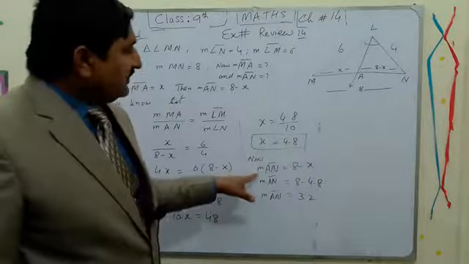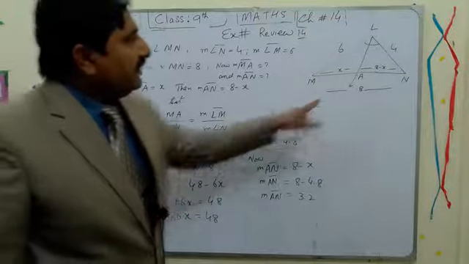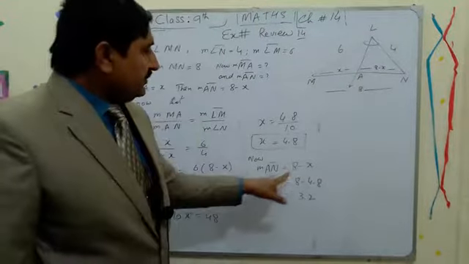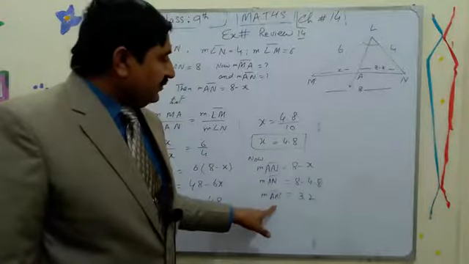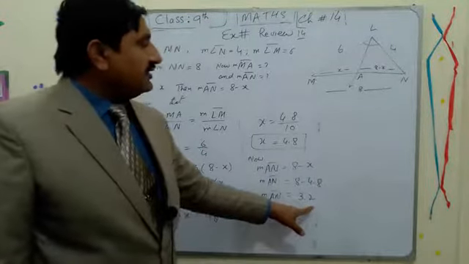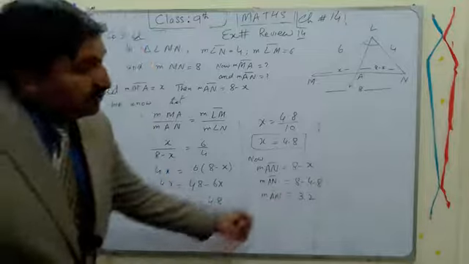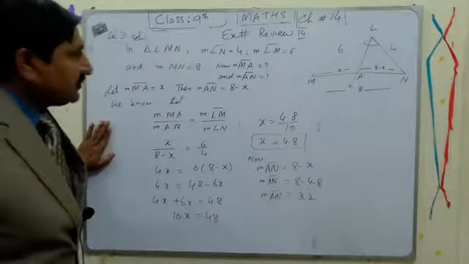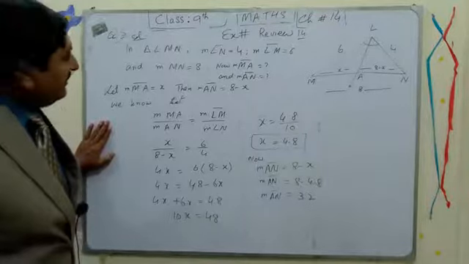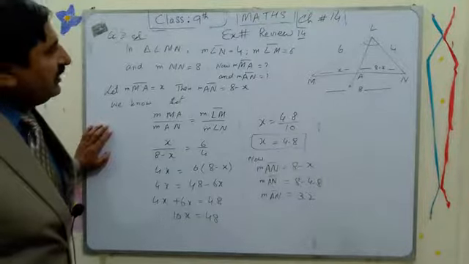To find AN, that is 8 minus x, we put the value of x, 8 minus 4.8, which gives AN equal to 3.2, our required answer. So guys, you can solve question number 5 with the help of theorem 14.1.3.